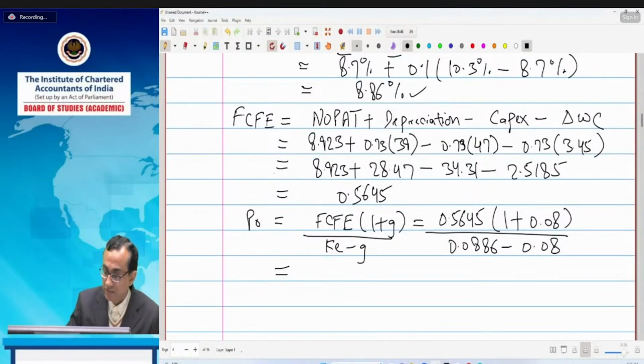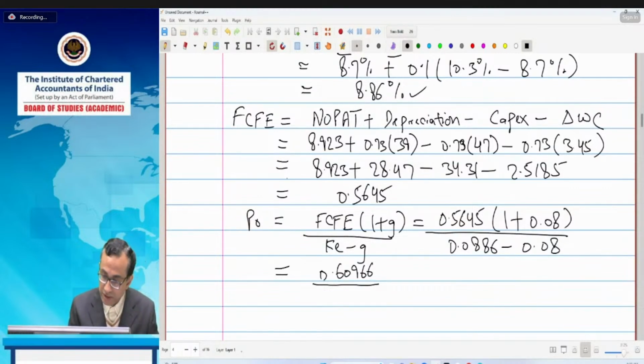So let us calculate it. Point 60966 divided by 0.06.